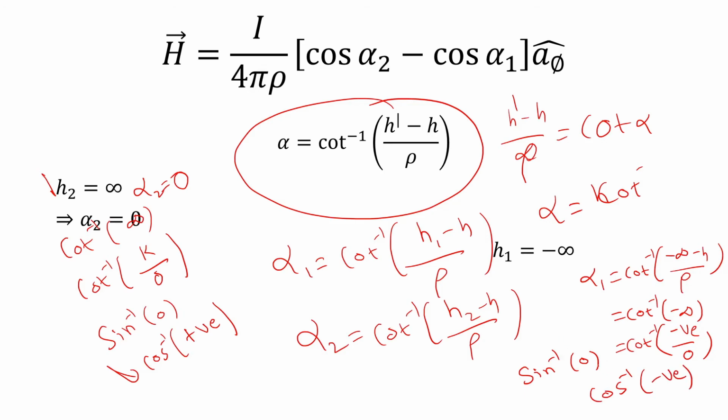The answer to that is readily pi. Understand that this is not alpha 2, this is alpha 1. So alpha 1 equals pi and alpha 2 equals 0.